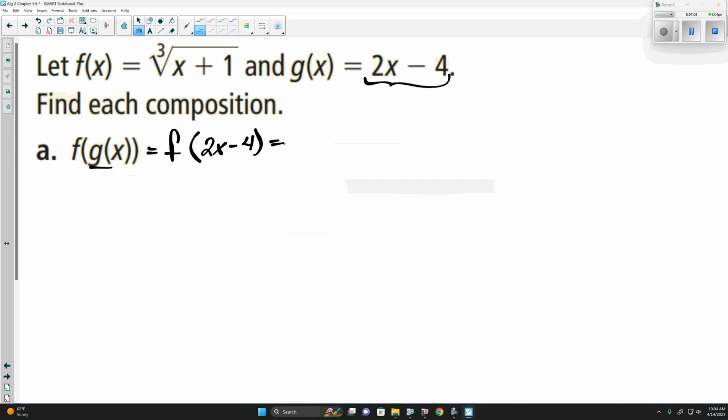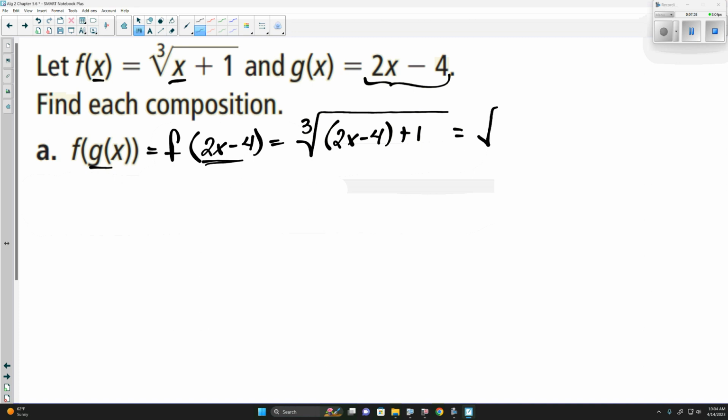Now, we're going to replace every x in f of x with 2x minus 4. What that gives us is the cube root of, well, we don't have x anymore, we have 2x minus 4, plus 1.